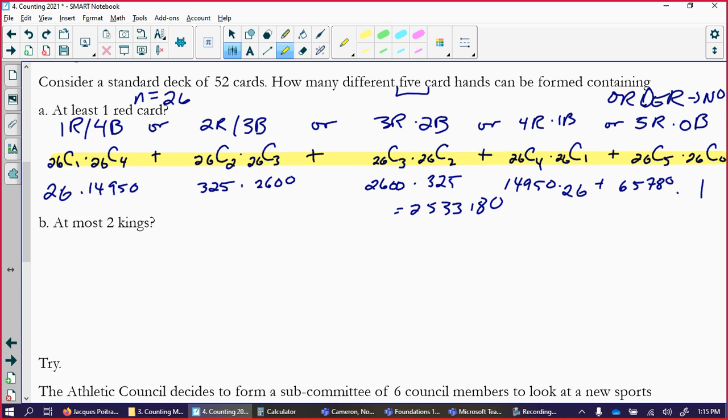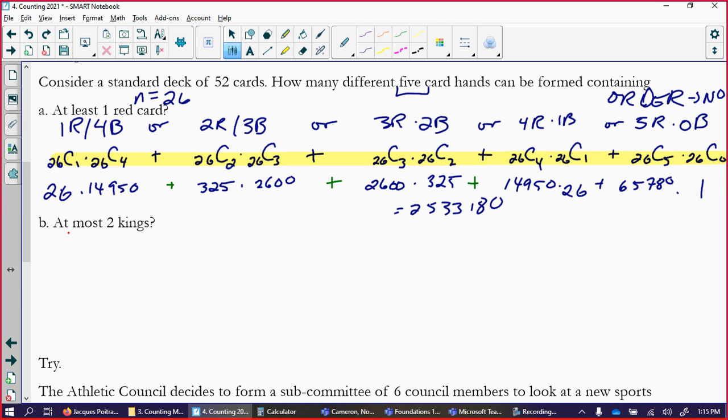If that line is on your page, that's the thinking part. Everything else is just throwing stuff in a calculator. I made this mistake. I forgot to put my plus signs in here. But if you can figure out which combinations you need, I'm going to assume most of you by grade 12 can put numbers in a calculator.